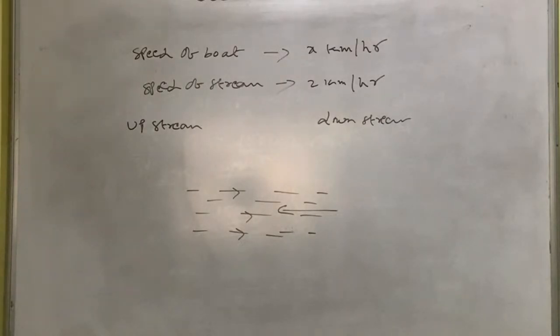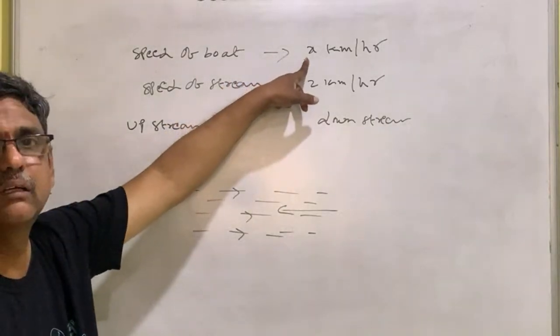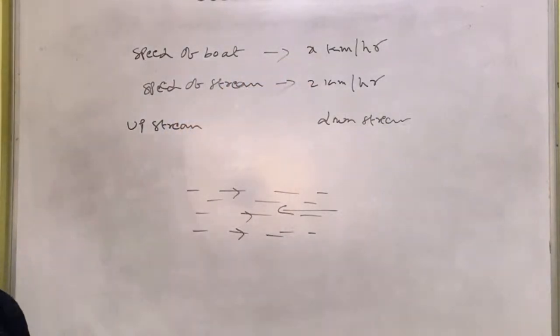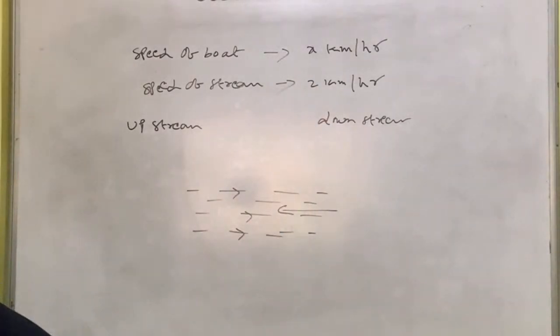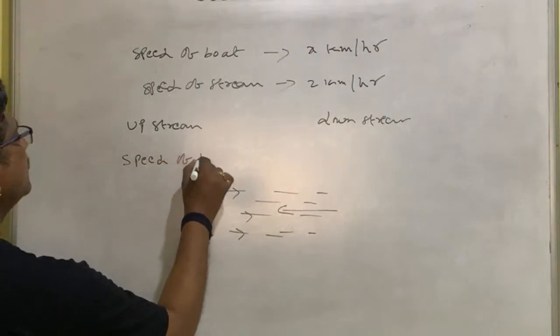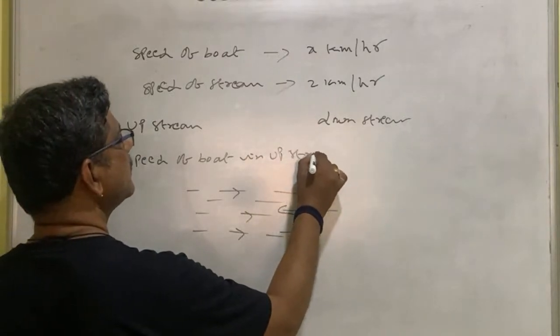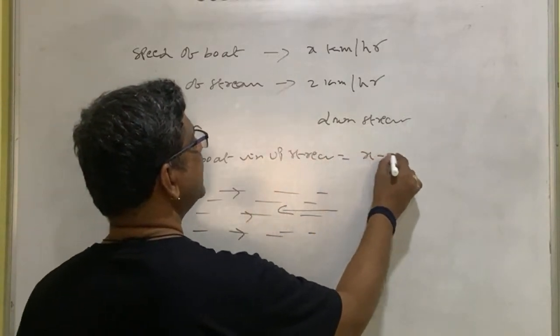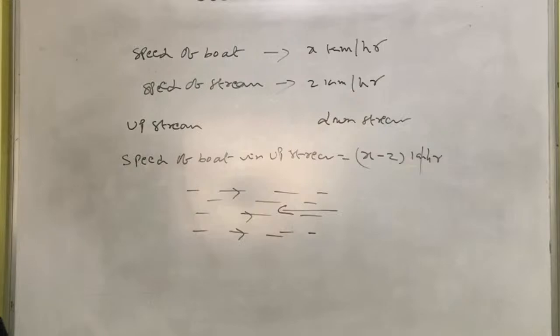In upstream the speed of boat decreases by 2 kilometers per hour, because the speed of stream is 2 kilometers per hour. So speed of boat in upstream is x minus 2 kilometers per hour. Okay?